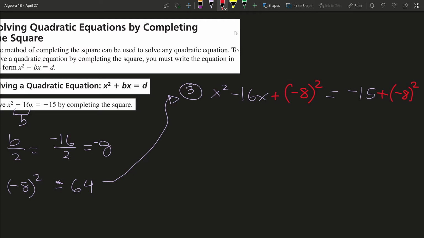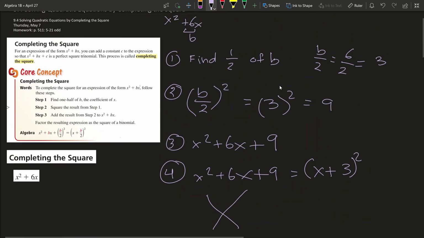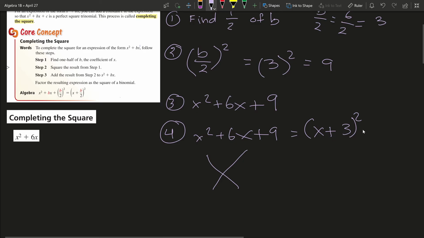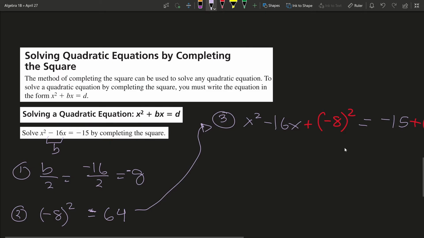Alright, so now we're going to simplify this. So, like we did before, we're going to figure out how we're going to write the square binomial for this side. And remember what we did up here, right? Our b over 2, whatever our answer was up here, was in our final answer as well, the square of a binomial. So this 3 also ended up in the final answer, x plus 3 squared. So we're going to do the same thing for this side. So we had negative 8.